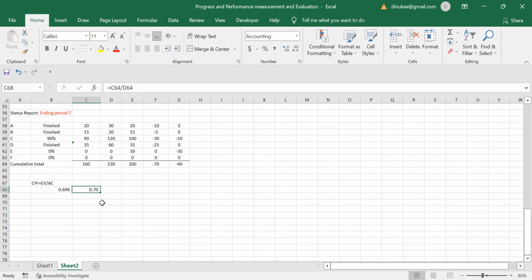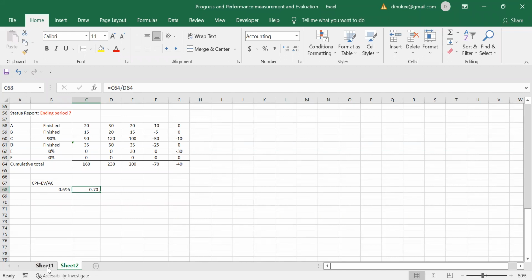So what is the meaning of this CPI, cost performance index? We spent 1 rupee, we earned only 0.696. So we are spending 1 rupee, but actually we are earning only 0.696, right? The cost performance index measures the efficiency of work accomplished to date.